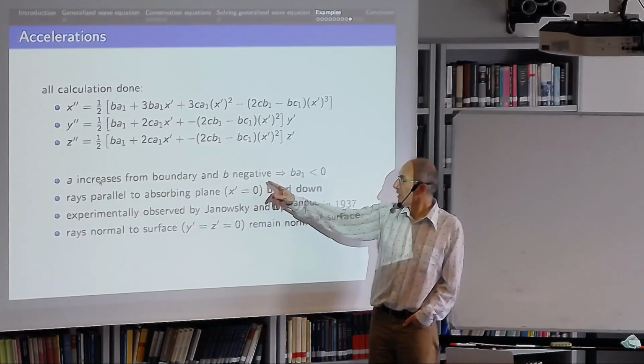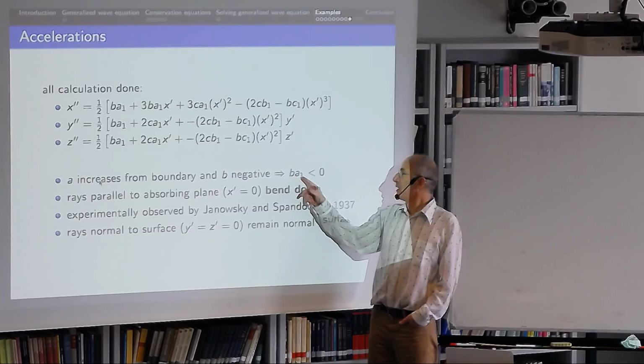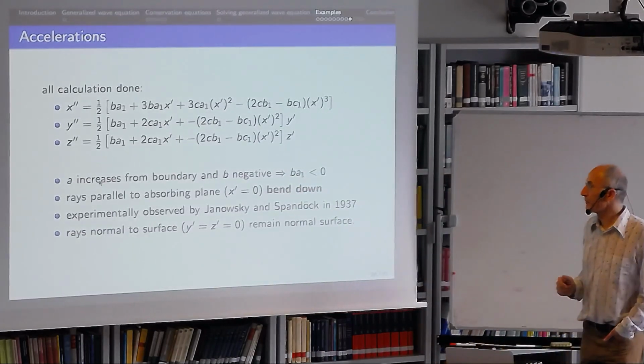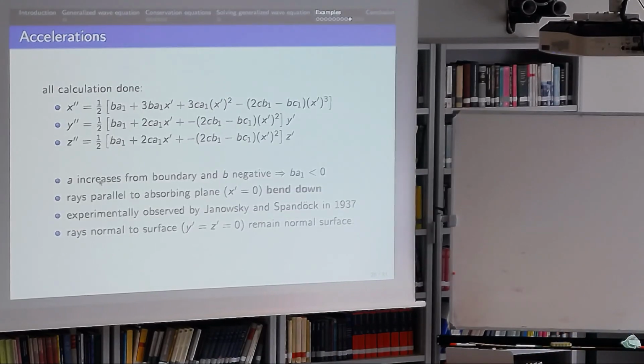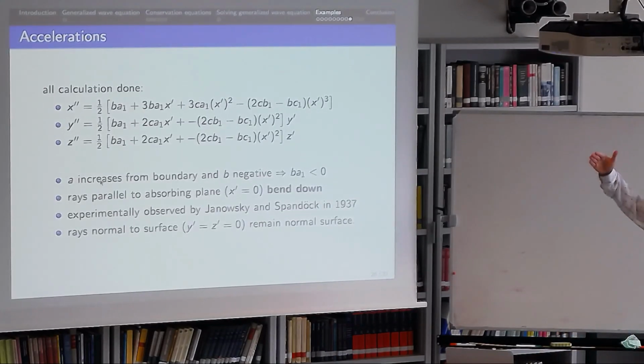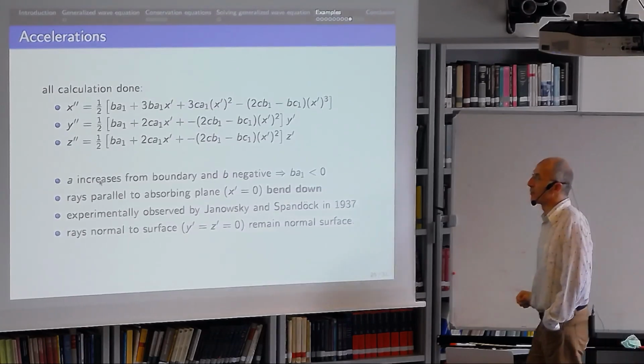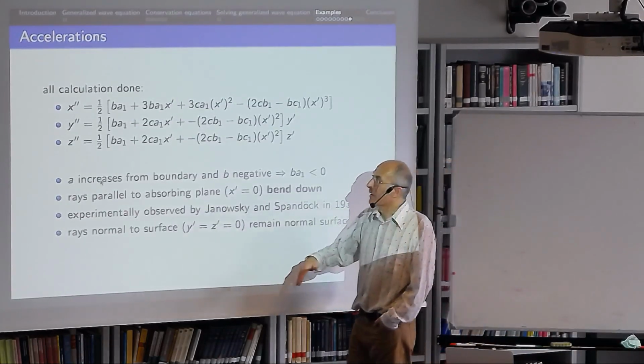So remember that B is negative, and A1 has to be positive, because A increases from the boundary to get to 1 at some height above the boundary. So A is lower than 1 at the beginning.